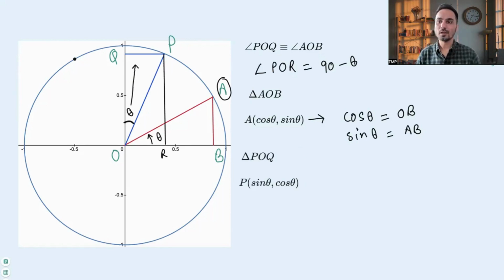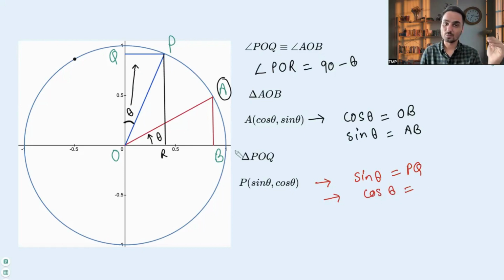And the coordinates of point A are given as X coordinate, which is OB, and Y coordinate, which is AB, right? Similarly, in triangle POQ, if we find the coordinates of point P, we will find them as sine theta, comma, cos theta. And that is because sine theta here will be equal to the opposite side, which is the side opposite to angle theta, which is PQ, and cos theta equals adjacent side, which is OQ.